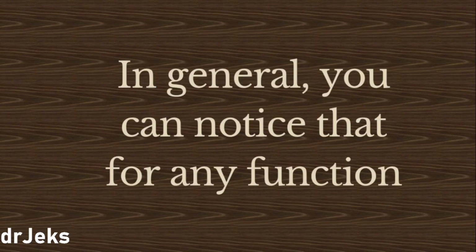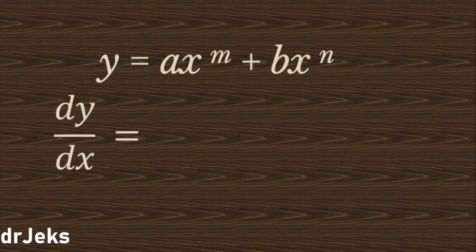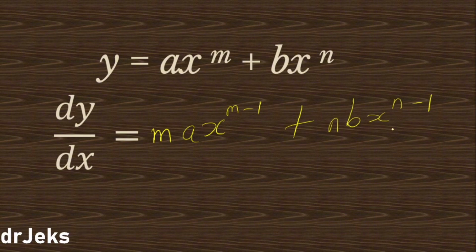In general, you can notice that for any function y equals ax to the power m plus bx to the power n, the general derivative would be, we bring this m multiplying this a, times x to the power m minus 1, plus, again, this n is going to multiply this b, and we're going to have x to the power n minus 1.